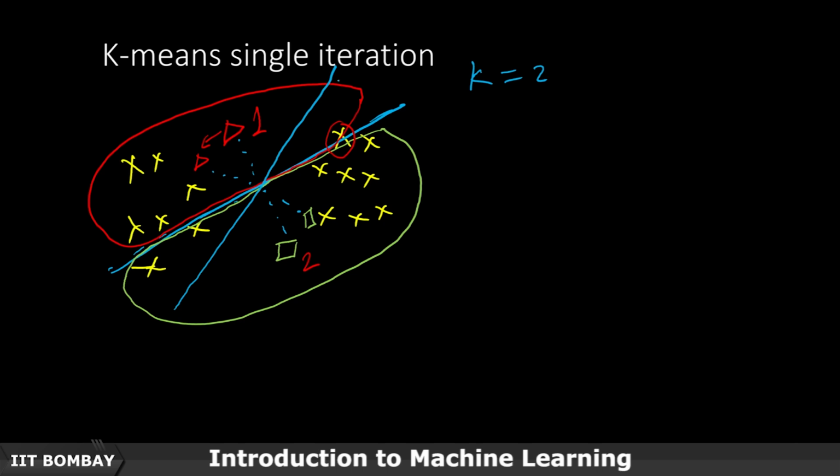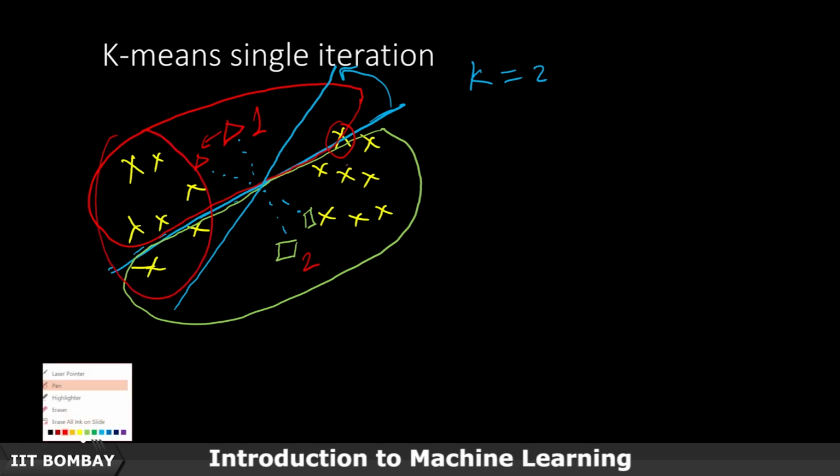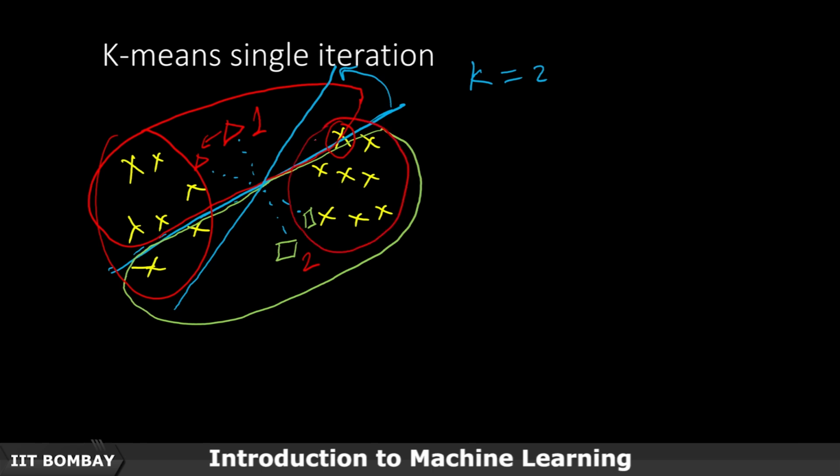Because of that, in the next iteration I might be able to find the exact centroid of the two natural clusters that I can see on the screen. So my line will shift. That is the visualization, and in the end the clusters that I get will most likely look like this.